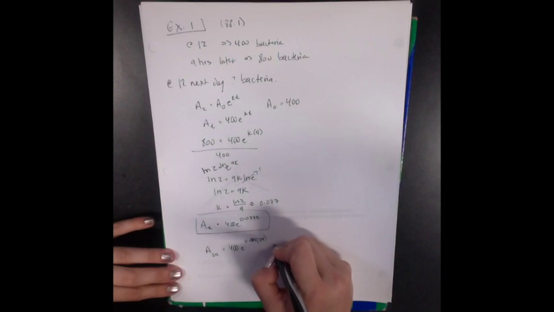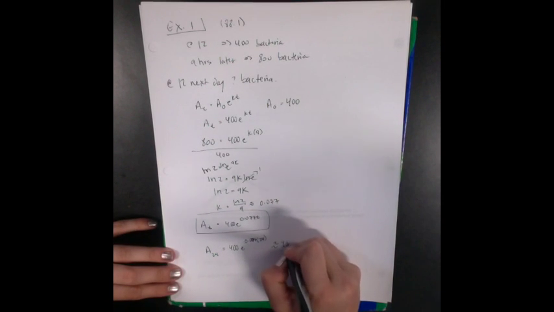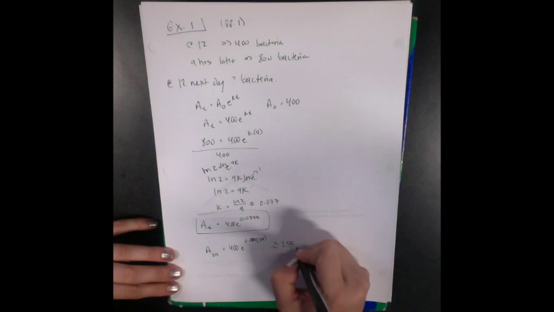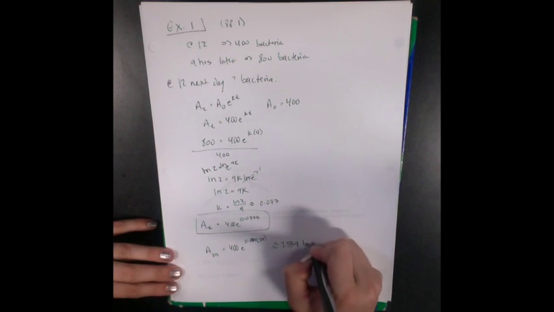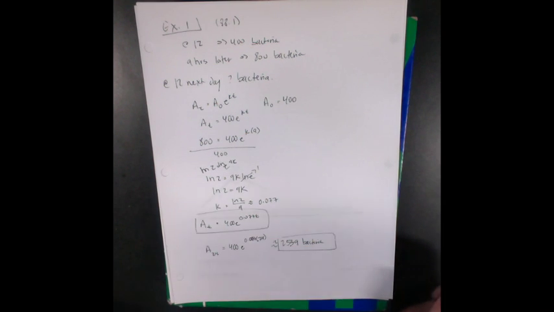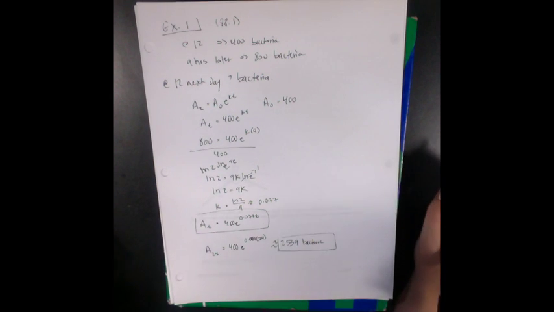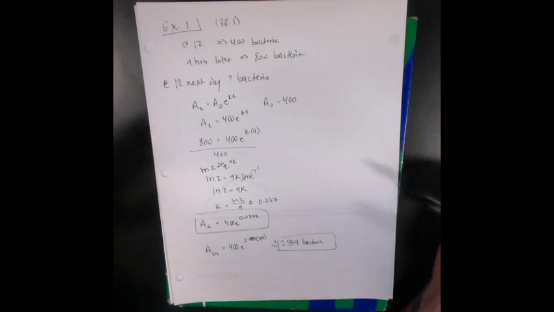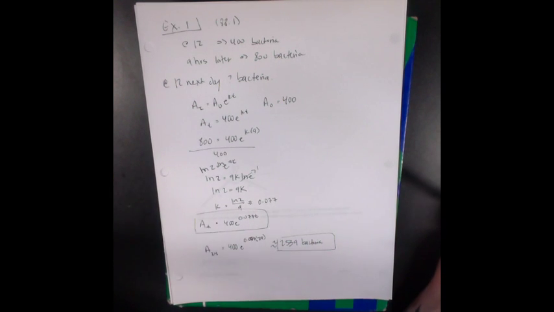This is just a calculator problem, which gives me approximately 2,539 bacteria. In this case, I have rounded to the nearest bacterium. All we're doing is we're using the equation.